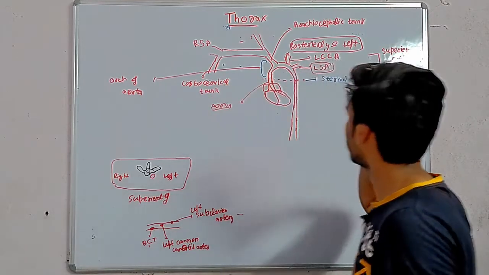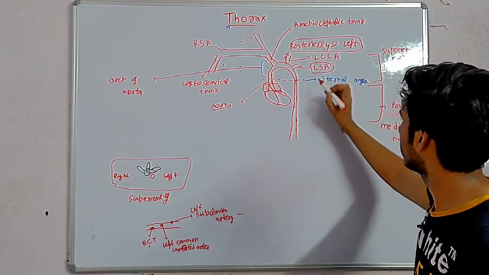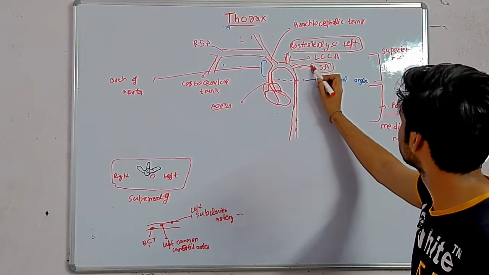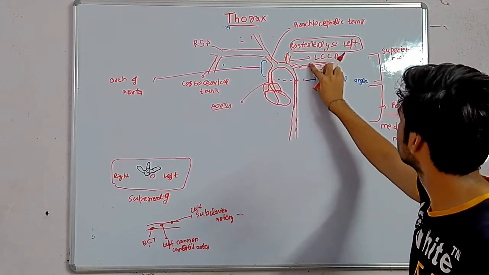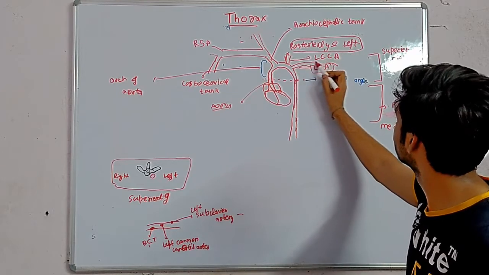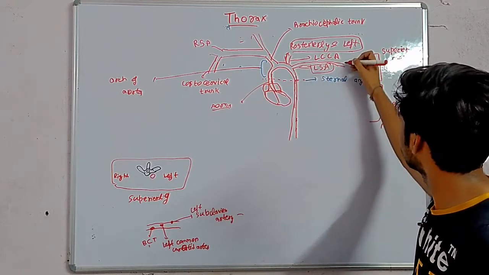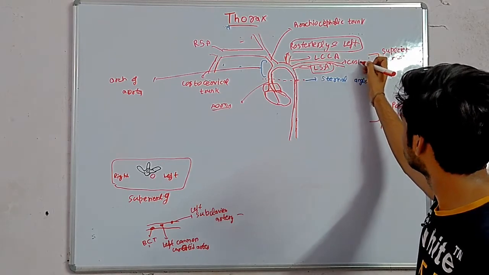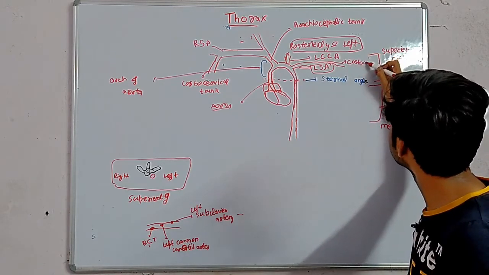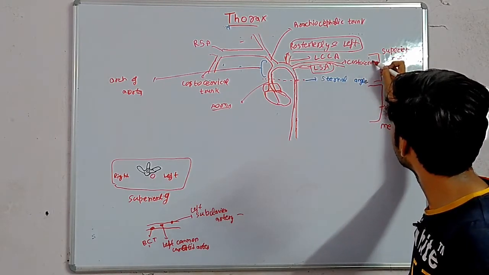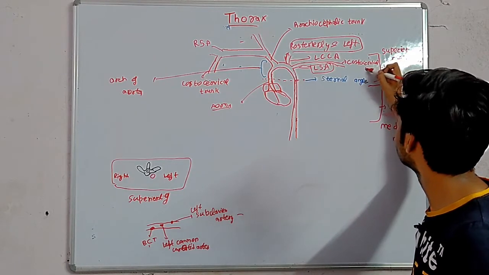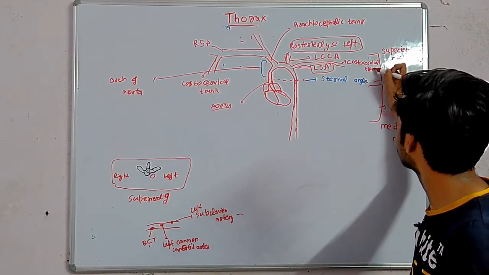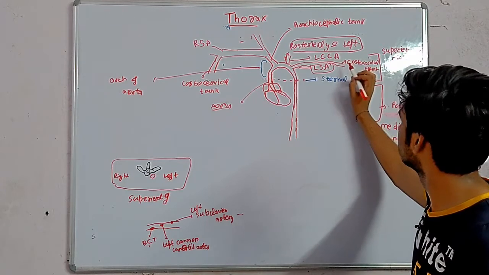And the same on the left side, left subclavian artery: costocervical trunk, a branch of the subclavian artery.